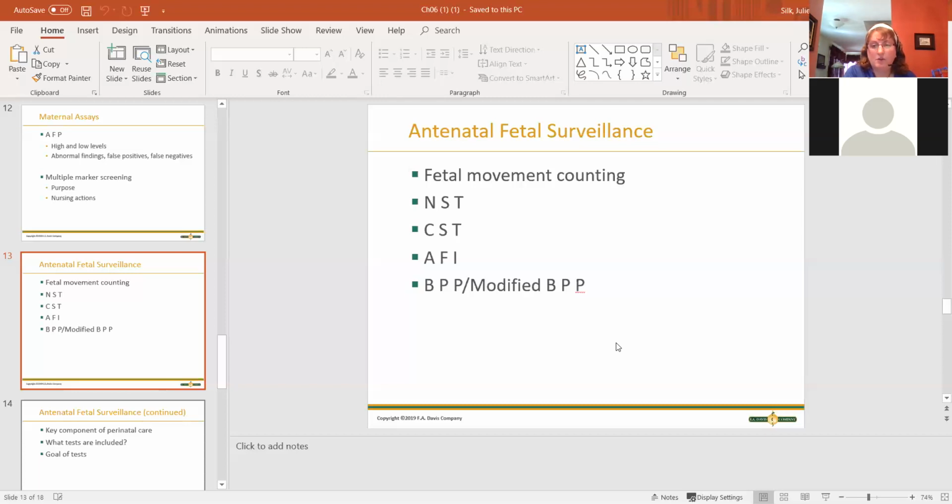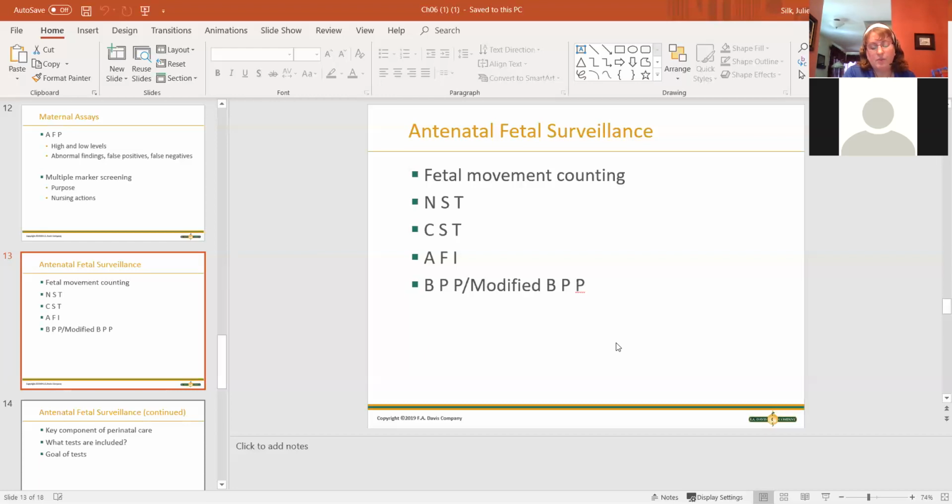So you're looking at fetal reactivity, fetal movement, tone, breathing, and amniotic fluid volume. So by looking at those 5 areas, you give a score to each of those if they're present. So if it's present, you would give it a score of 2. If it's not present, you would give it a score of 0.